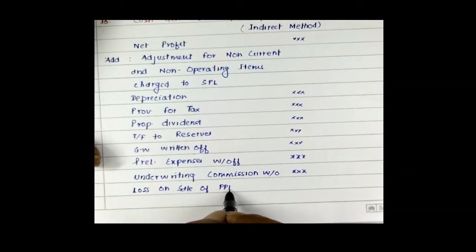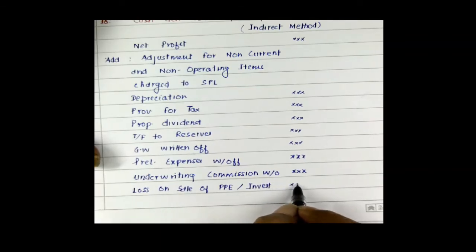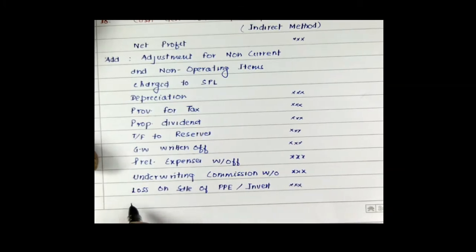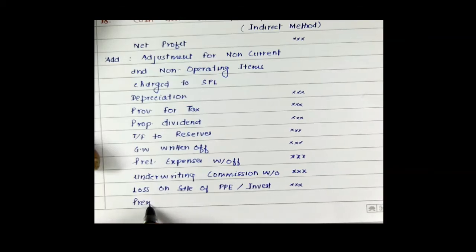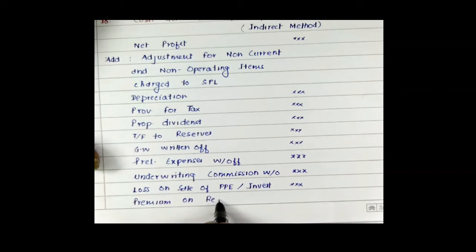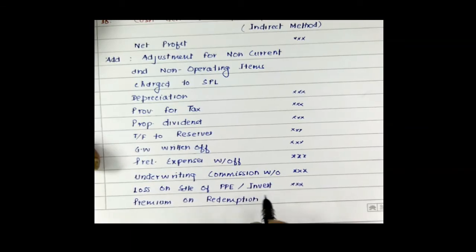Nowadays instead of fixed asset we use the term property, plant and equipment, so loss on sale of property, plant and equipment or investments. Similarly, premium on redemption. Correct?